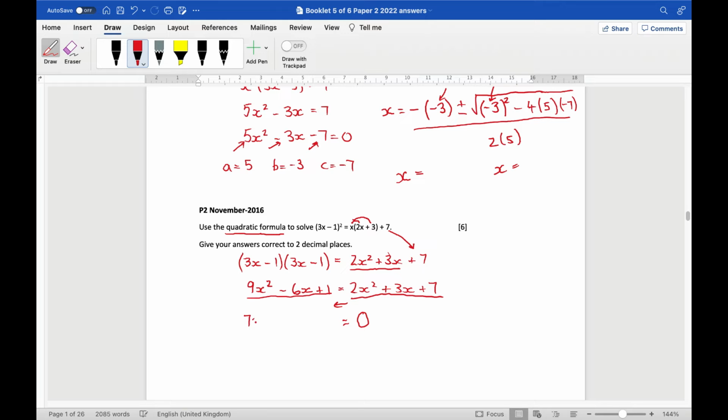Take the 2x squared away from the 9x squared, take 3x away from minus 6x, take 7 away from plus 1. Then we've got a is 7, b is minus 9, and c is minus 6. And you can have a go at solving.